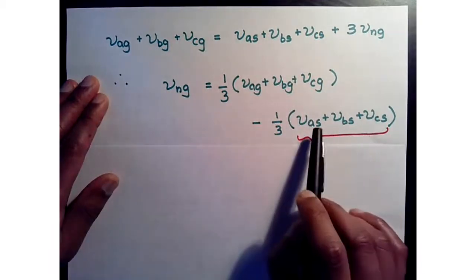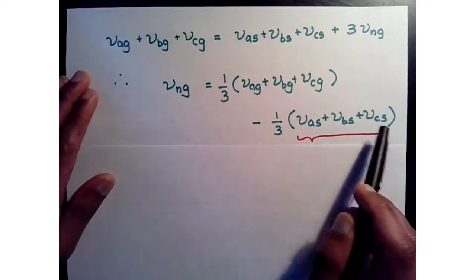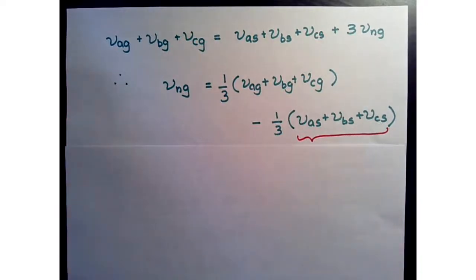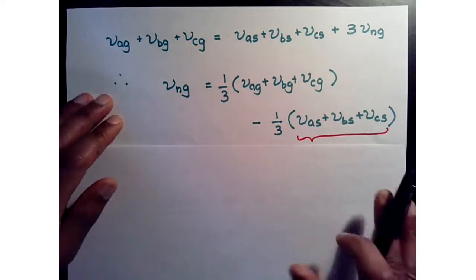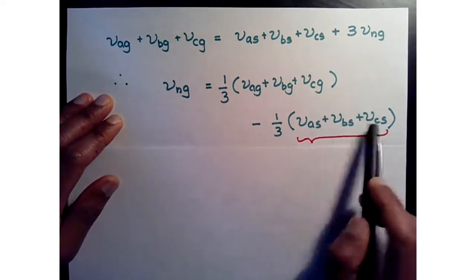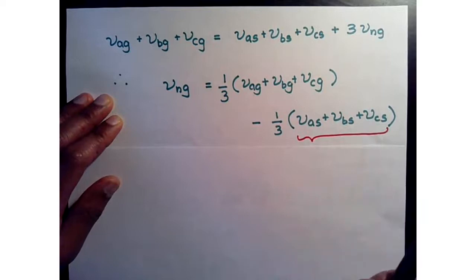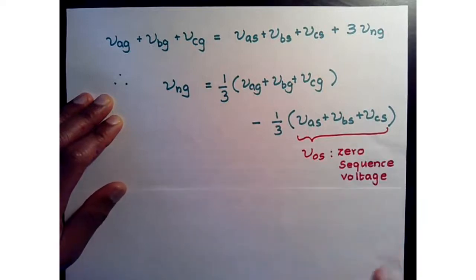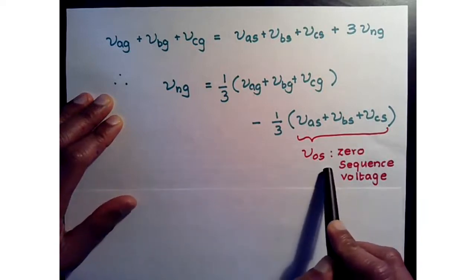However, now VAS, VBS, VCS are voltages that are in the machine, and if they are balanced, which is most of the case, the sum of the three is going to be 0. We call this the zero sequence voltage.